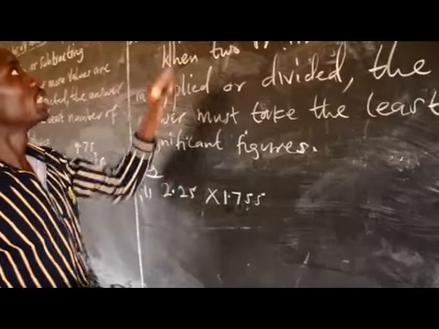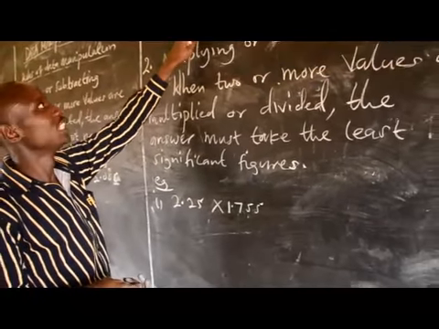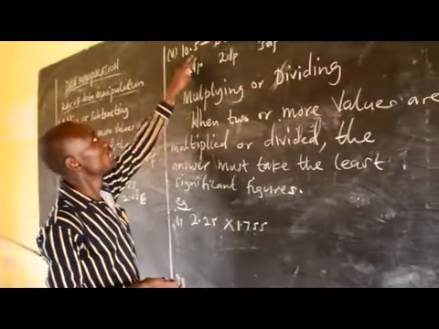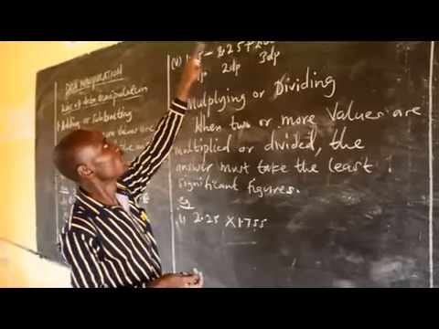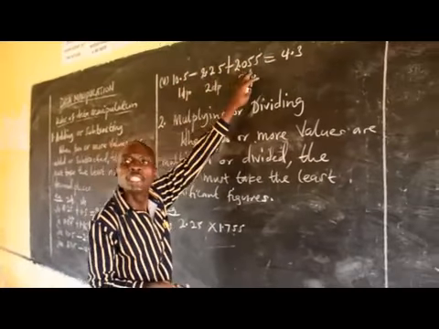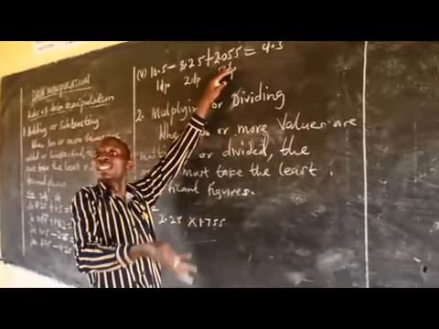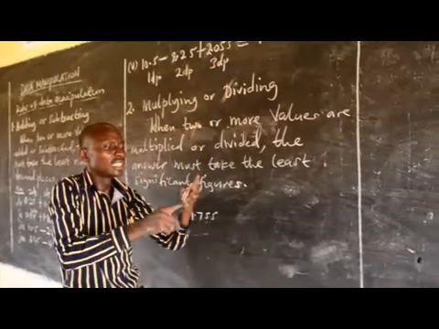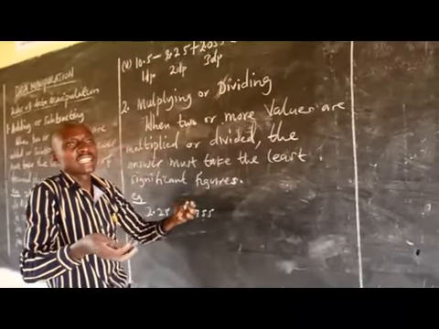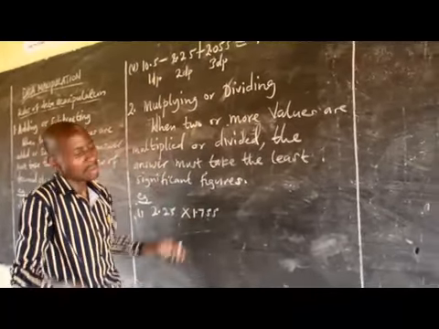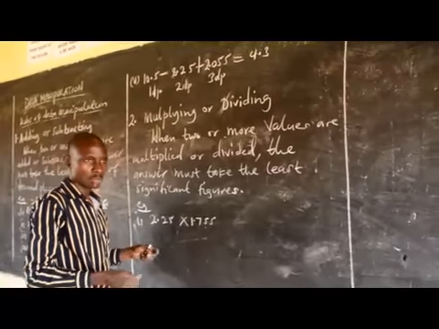The same thing with the addition. If this was 3 decimal places, and this one 3 decimal places, our answer will be to 3 decimal places. Because 3 and 3, the least is at the same time the biggest. So there's no problem with that.